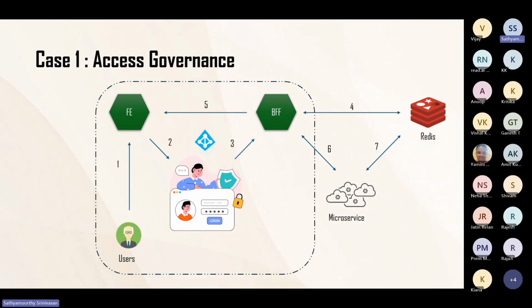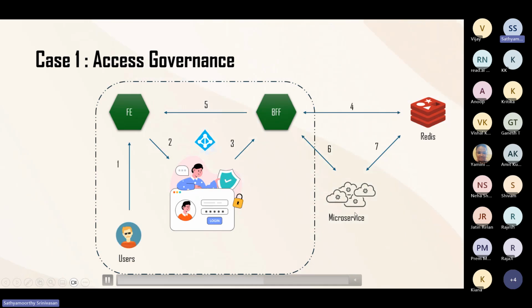If it doesn't have any authorization context, it will redirect the user to the challenge page. Once the challenge is done, that information flows back to the front end system, which is configured as a redirect URL in the OpenID system. Once the challenge succeeds, an authorization context is written back to the front end system.